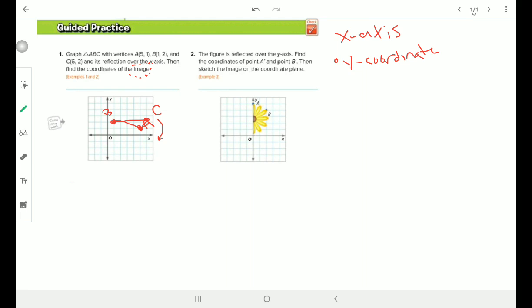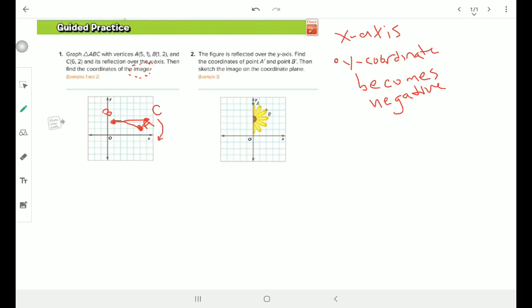That's all that happens, is the y-coordinate becomes negative if it's flipping over the x-axis. If it was flipping over the y-axis or reflecting over the y-axis, then the x-coordinate would become negative. Okay? And that's just a nice easy trick to where if you don't have a graph, that's what you could do, is just change the negative in front of those coordinates.